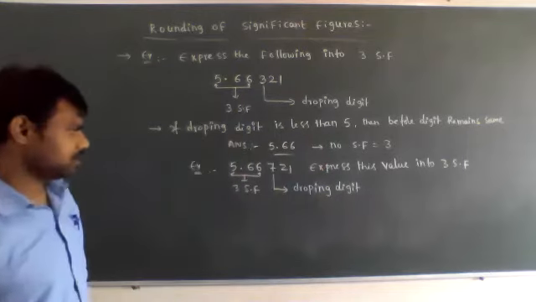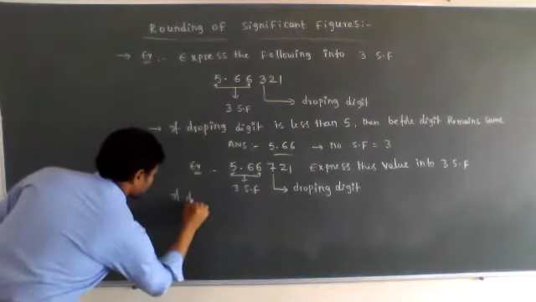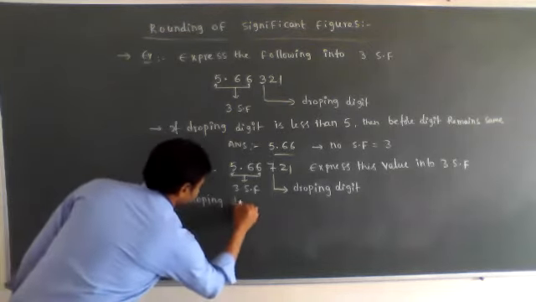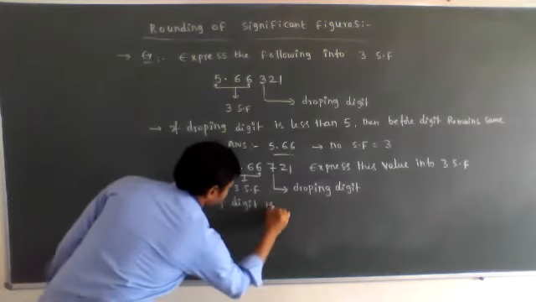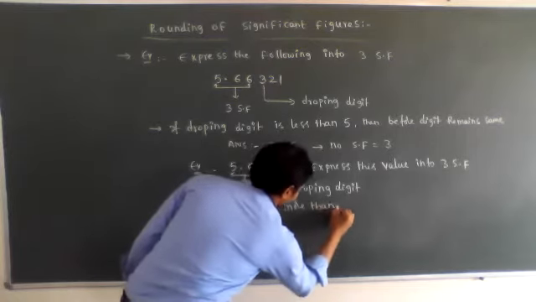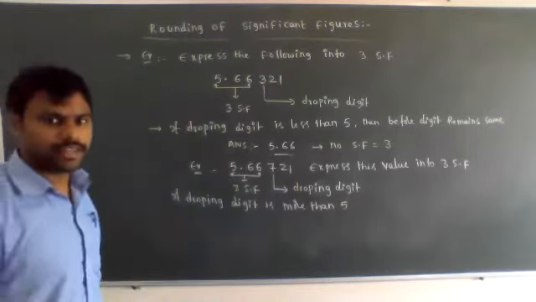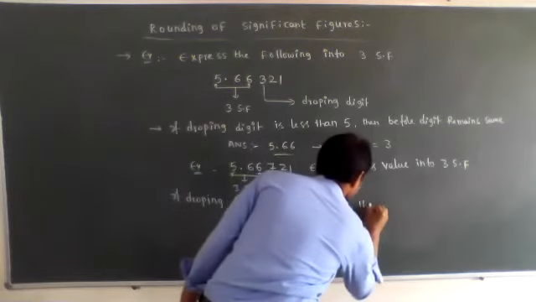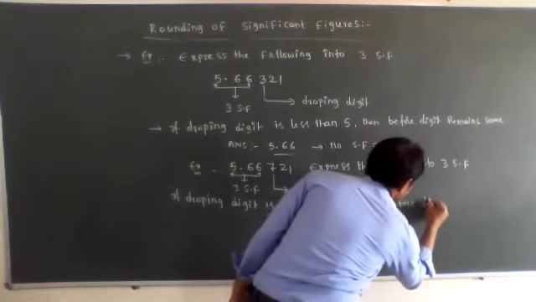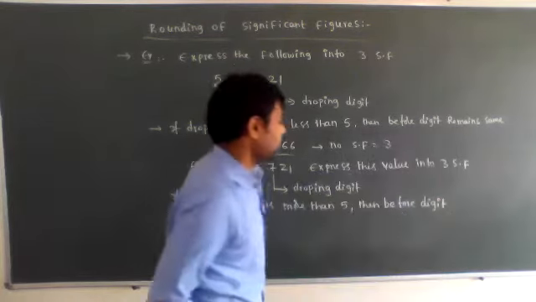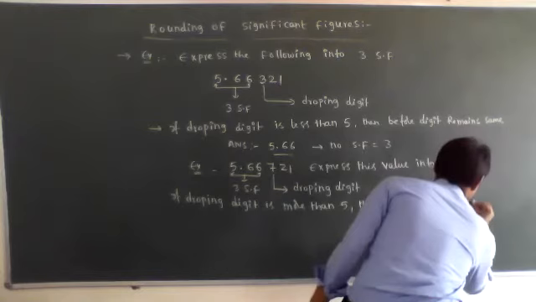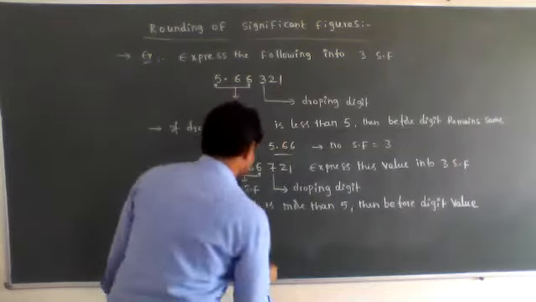7 is the dropping digit. Okay, if the dropping digit is more than 5, then the before digit value, increase it by 1.